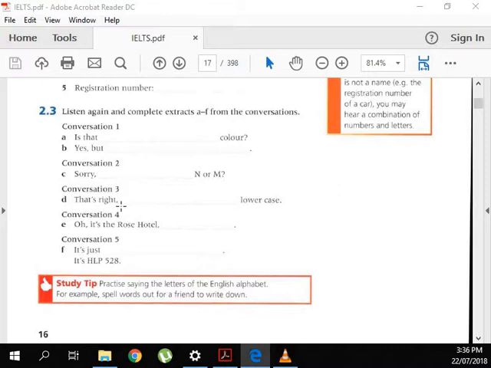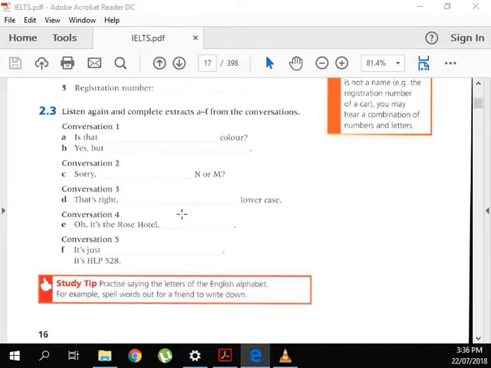We're going to write what the last letter was. Okay, I'll show it to you at the end. Conversation three: that's right, all one word and all lowercase.